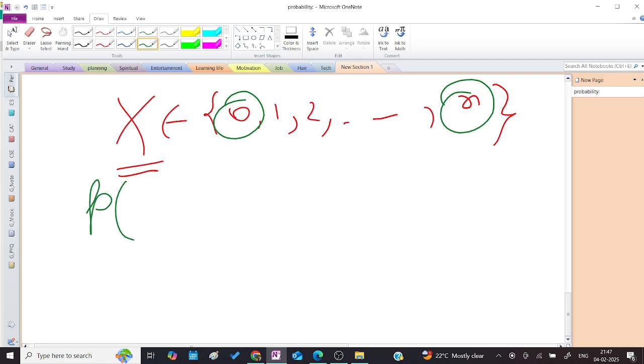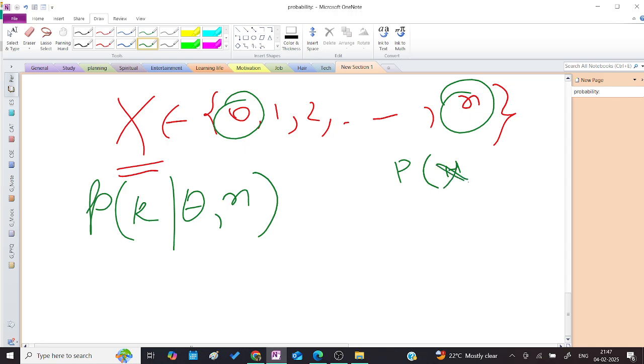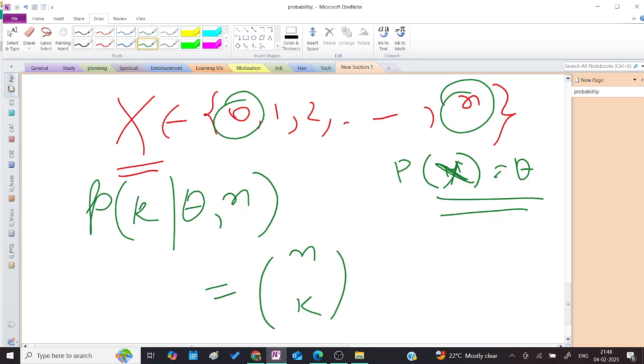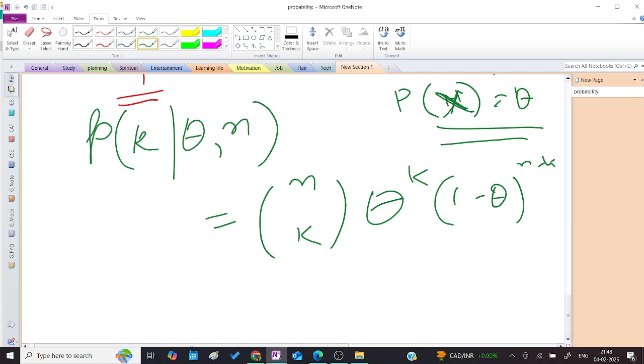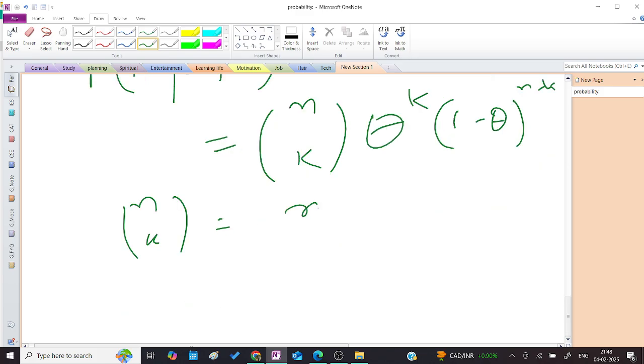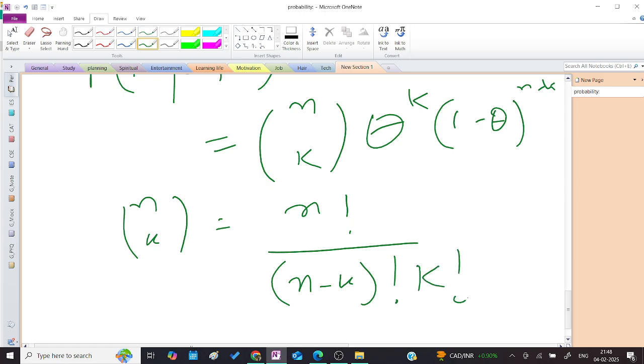So we write probability of k heads given n, suppose the probability of head is theta, right? And this will be n choose k times theta to the power k times (1 minus theta) to the power n minus k, right? Where n choose k is n factorial divided by (n minus k) factorial and k factorial.